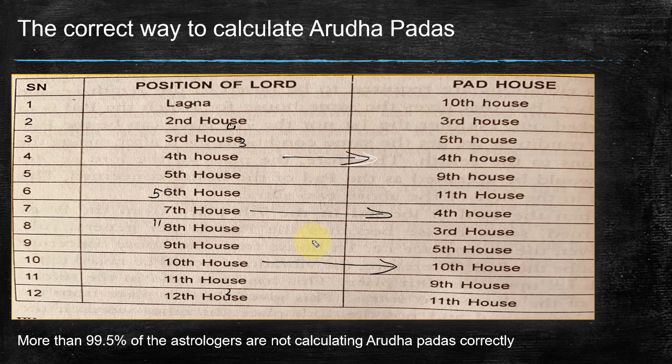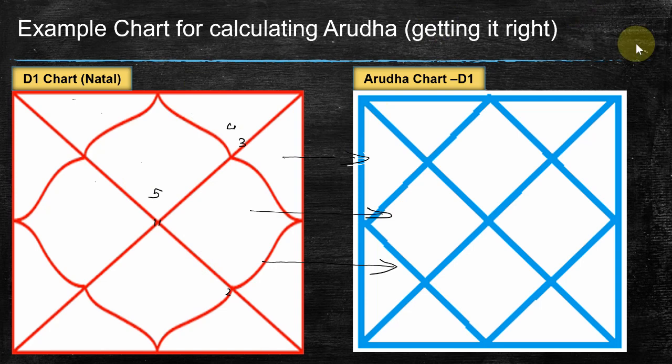So I would like to end this particular lecture with a practical example where we can look at a horoscope and then calculate the Arudha Padas of all the houses. Again, I am trying to use a more user-friendly approach by adopting a blackboard kind of approach, so that there is no confusion when you end up calculating the Arudha Padas.